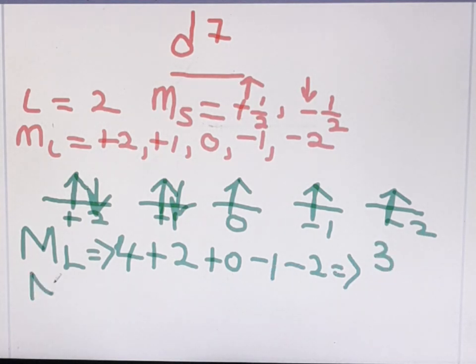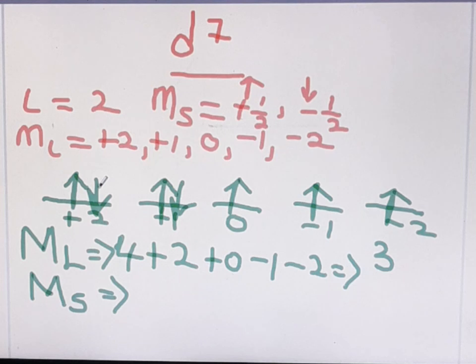Then we determine the total spin quantum number. To do this, we sum the spin quantum number of each electron together. Considering the first orbital, the first electron is spinning upwards, which is plus half.